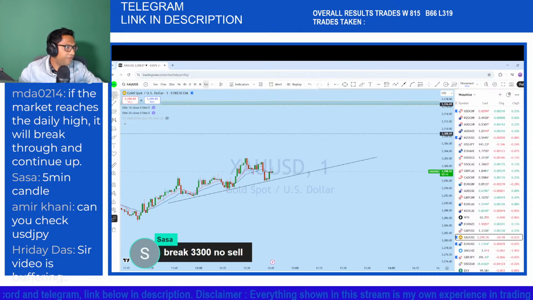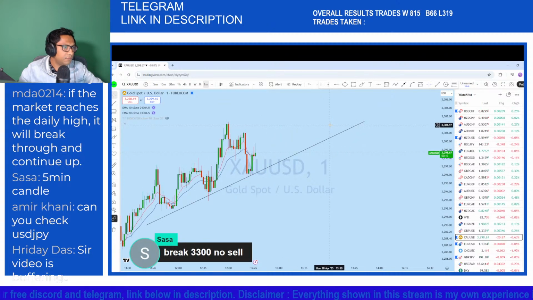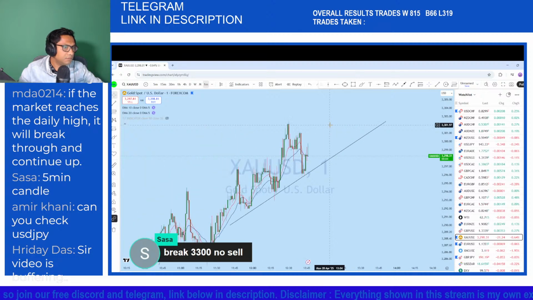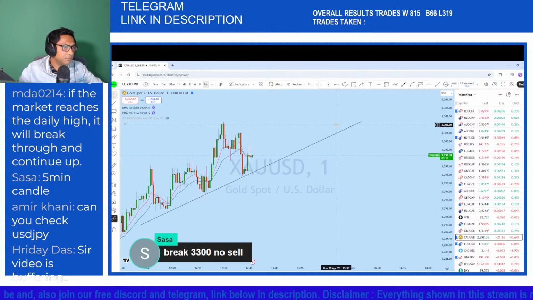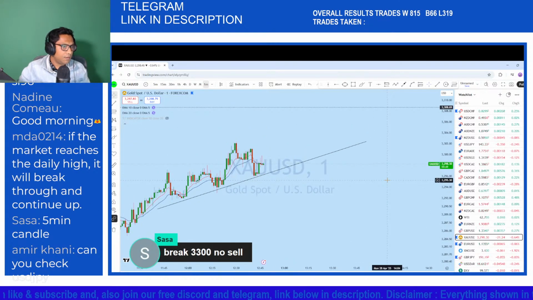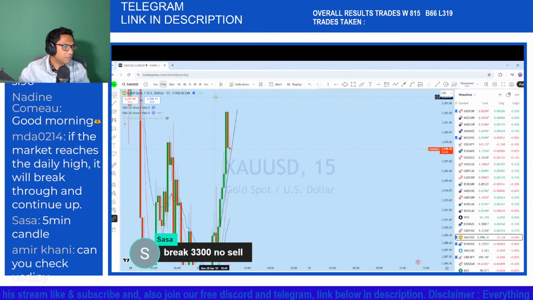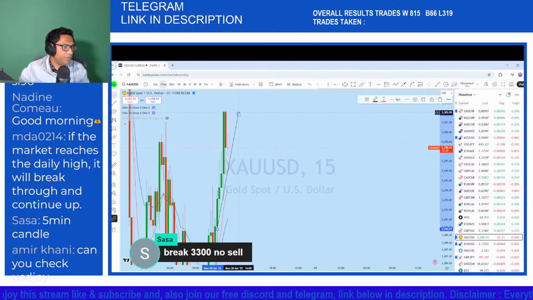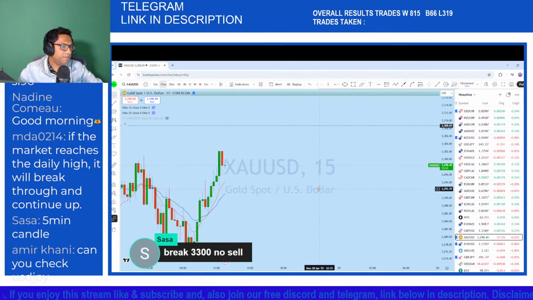So if we see enough confirmation here, looking at the lower time frame, let's see how the price is potentially forming in that area.